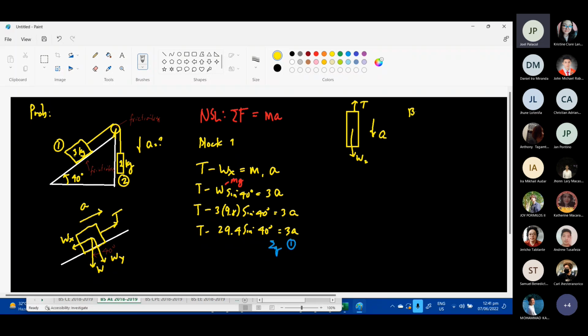For block 2, Newton's second law, summation of forces equals MA.